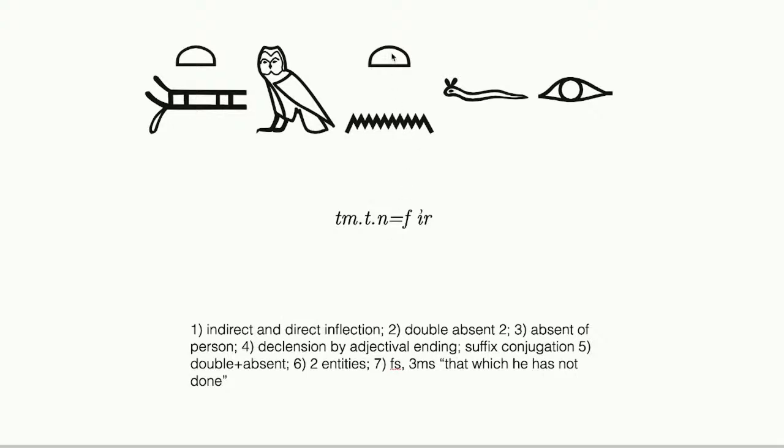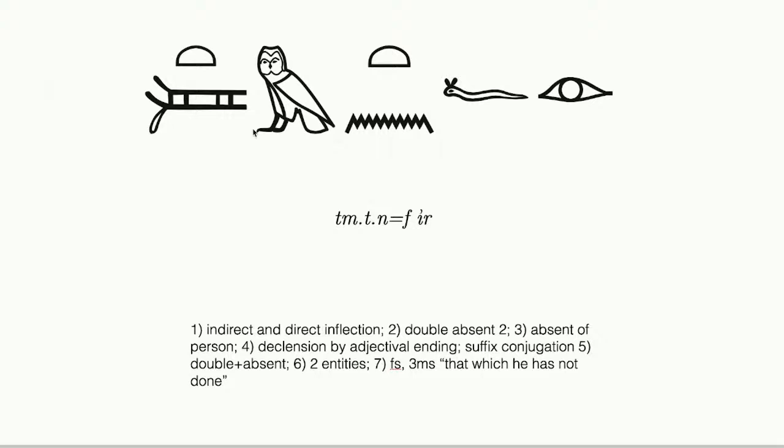And then it refers to two entities: a that, and then a he. Here we have the third person masculine singular suffix pronoun. The meaning of this entire verb is that which he has not done. That is pointing to an entity, and then he is pointing to an entity. So this word is actually referring to two entities at once.